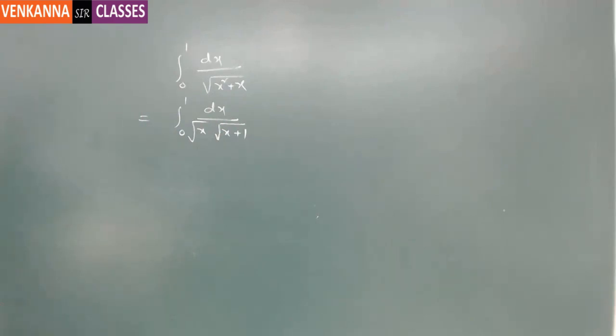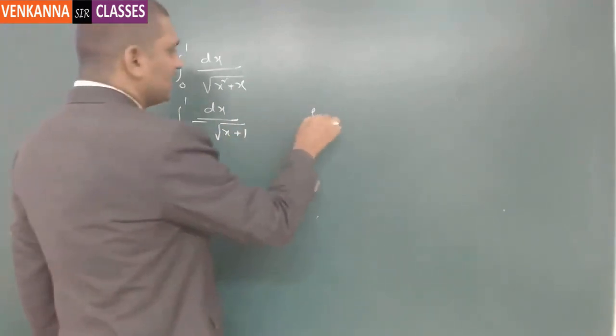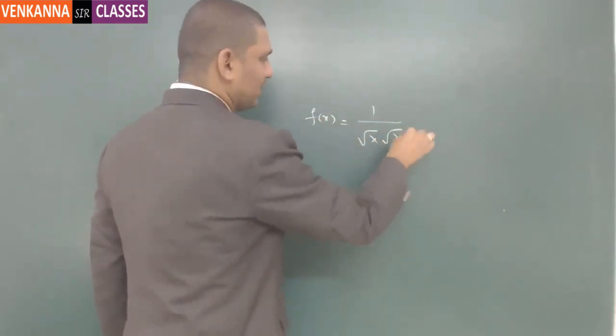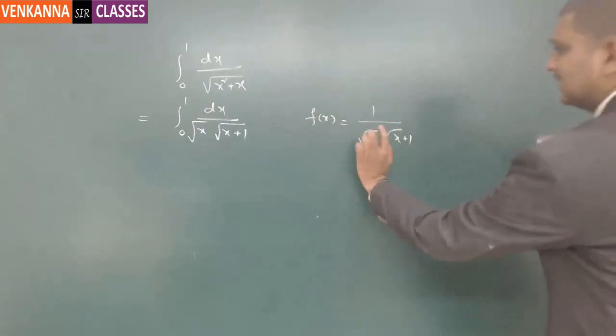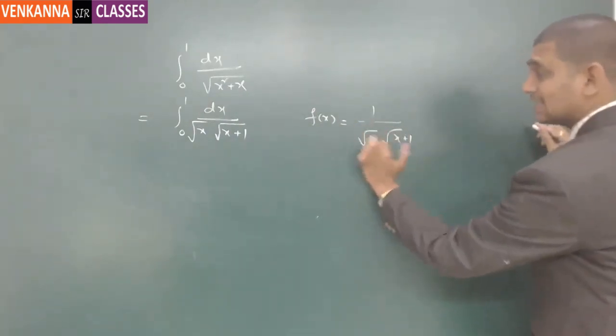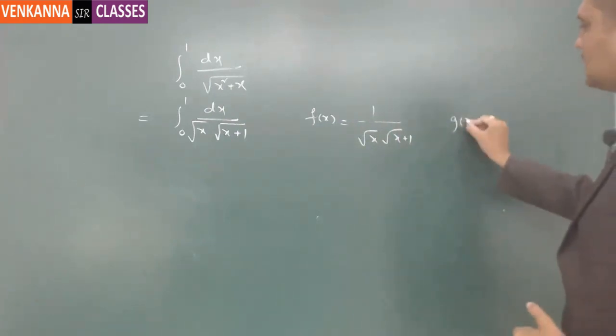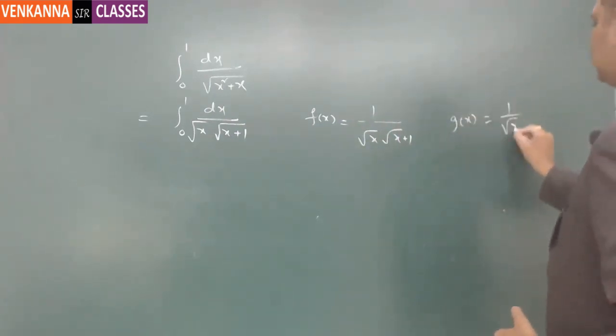Accepted? So you have f of x is equal to 1 by root x into root of x plus 1. Since root x is giving the discontinuity or undefined value, we are removing it. So you take g of x is equal to 1 by root x.